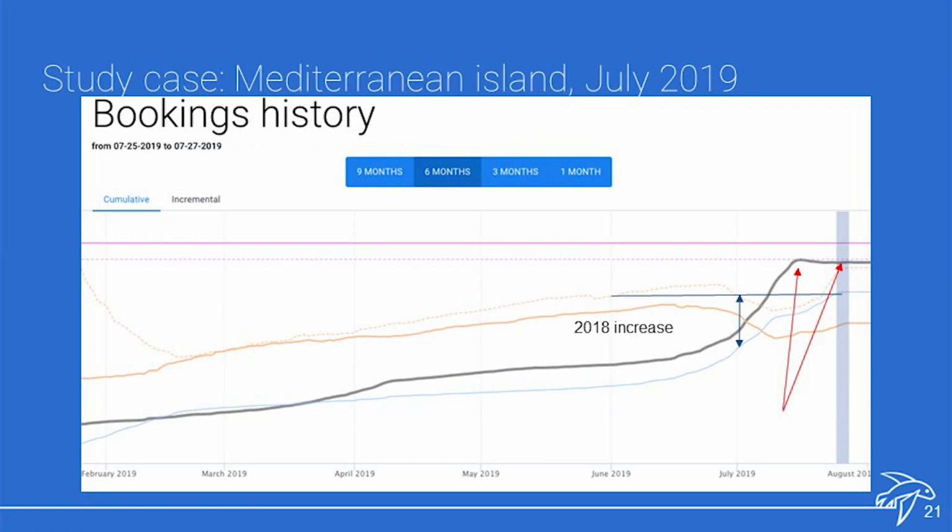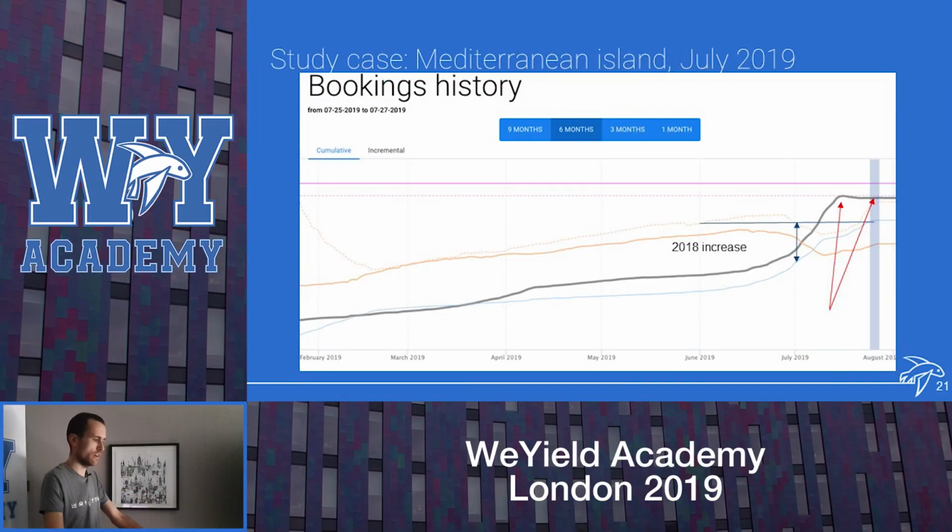Another example, it's quite the same. This time we are in a Mediterranean island, still focusing on the end of July 2019. And we see that we finished this year largely ahead of what we had last year. Actually, we stopped taking bookings in the middle of July.